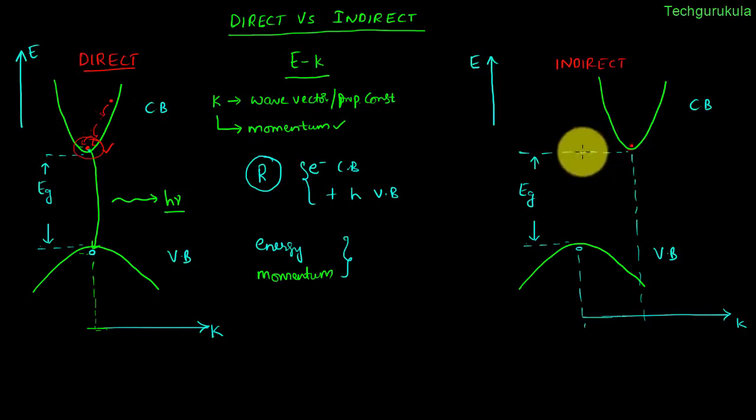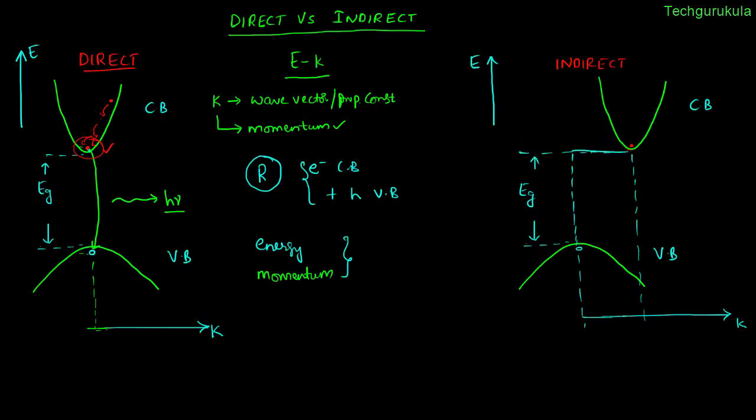Electron can lose this momentum if it interacts with the phonon, where phonon is the vibration of atoms in the crystal lattice. When it interacts with the phonon, it can lose the momentum, so with the momentum lost, it can recombine with the hole in the valence band. But even this is a very highly unlikely thing to happen, which means the probability of this happening is very less.